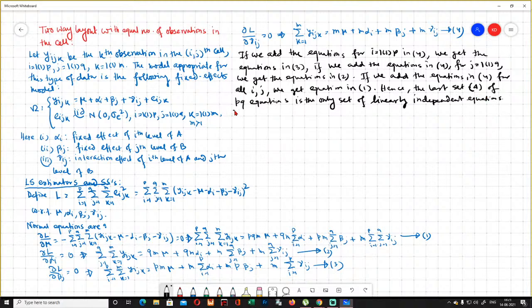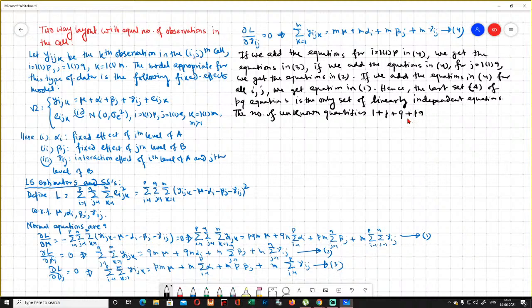The number of unknown quantities: that is mu, plus p alphas, plus q betas, and gamma ij, this gives pq.